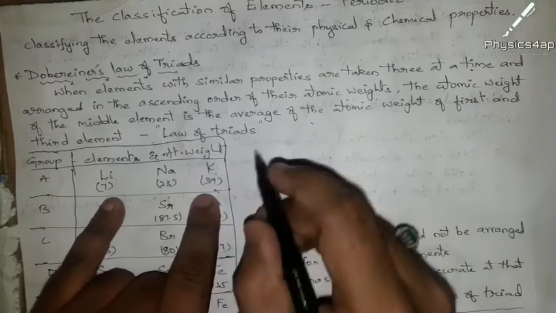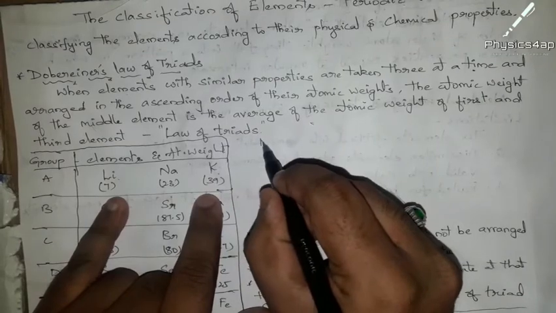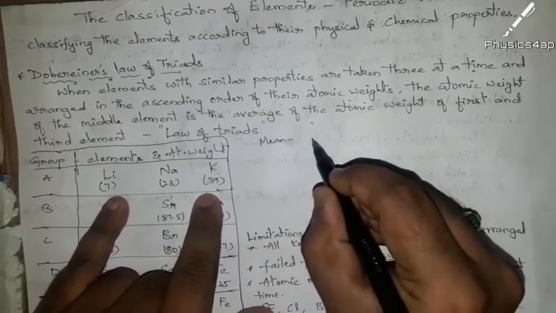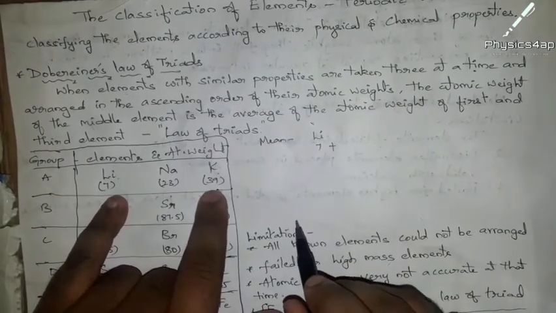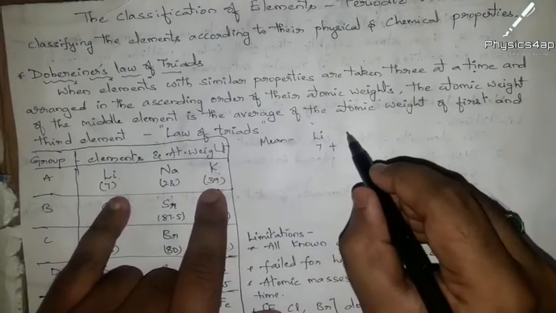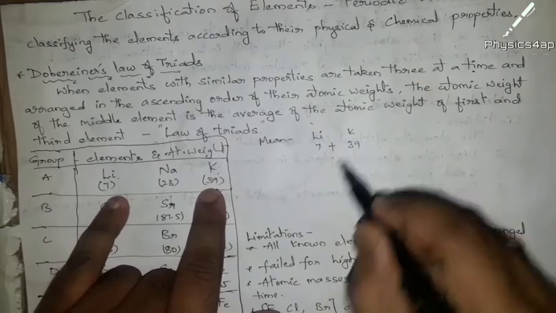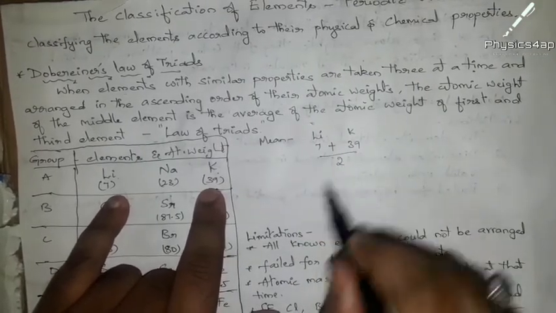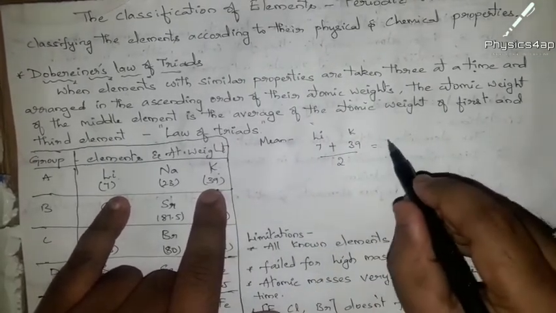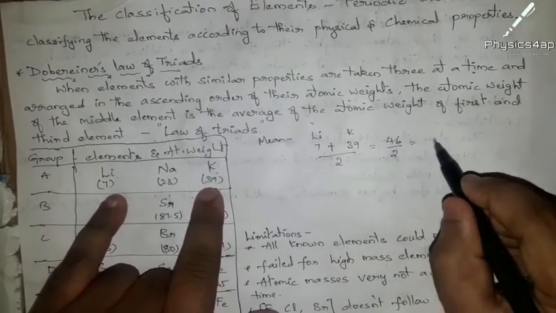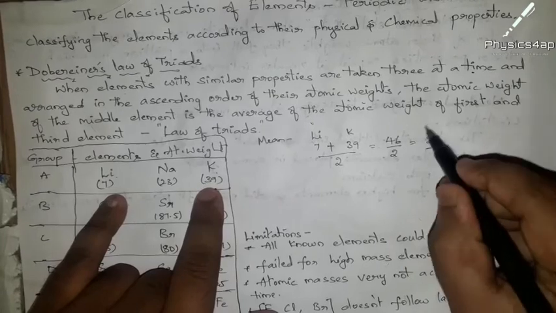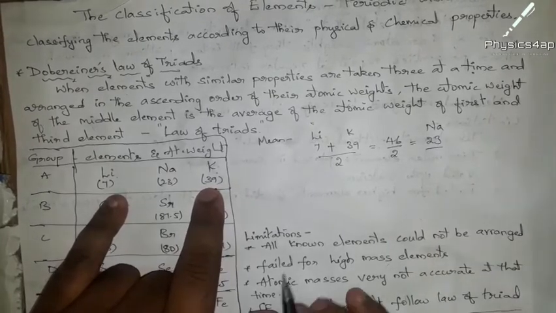If we take the first element lithium, 7, plus the third element potassium, 39, and divide by 2, we get 46 by 2, which is 23. This 23 equals the atomic weight of sodium.